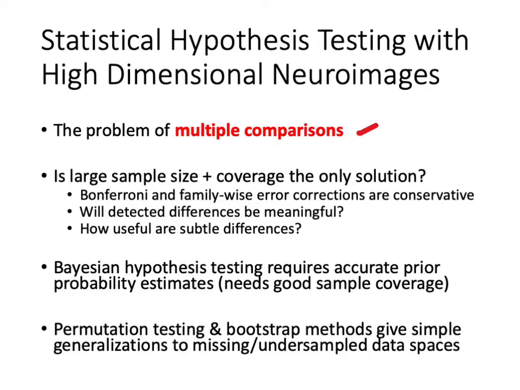Our conventional hypothesis testing mechanism argues that the only way to overcome this problem is to get a large enough sample size with sufficient diversity covering all possible occurrences in the human population. And there are techniques, namely the Bonferroni correction or family-wise error corrections, that allow us to manage the multiple comparisons problem.